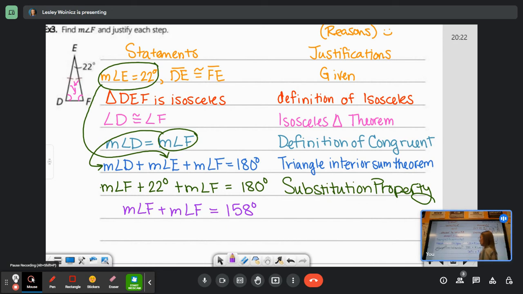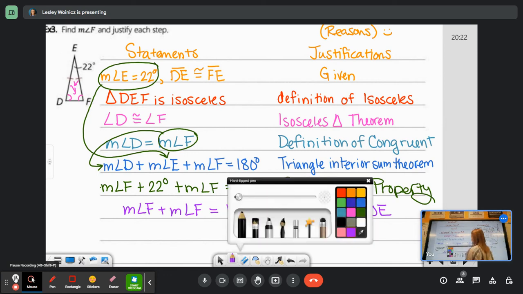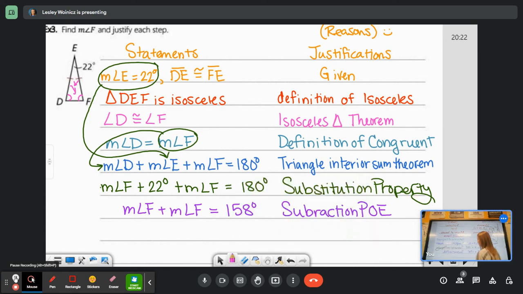So we use the subtraction property of equality. Now, I've got two measure of angle F's. I'm going to substitute that expression for an equivalent one, which is 2 measure of angle F equals 158. I use the substitution property again.